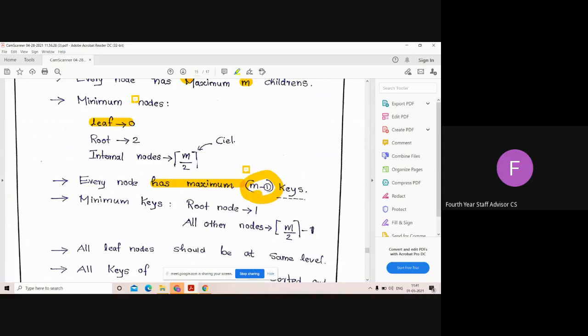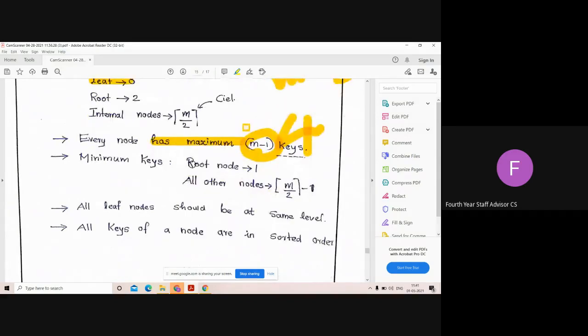So m is the order of the B tree. Suppose m is equal to 5, the order of the tree is 5, then how many keys are allowed in a node? It is 4. A maximum of 4 keys are allowed in a node. Similarly, for the minimum number of keys, the root node should have one key.